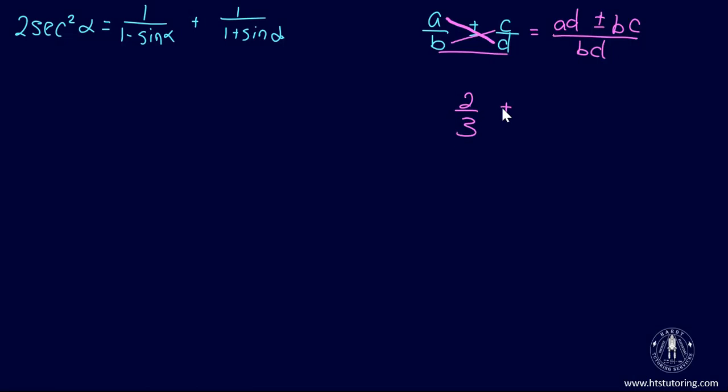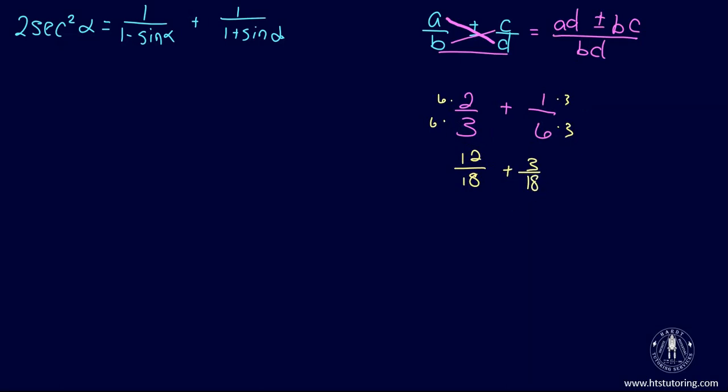Just to prove my point here, 2/3 plus, let's say, 1/6. A common denominator here could be 6, or a common denominator could be 18. If we did 18 as our common denominator, we would multiply this fraction top and bottom by 6, and over here we'd multiply top and bottom by 3. I would get 12 over 18 plus 3 over 18.